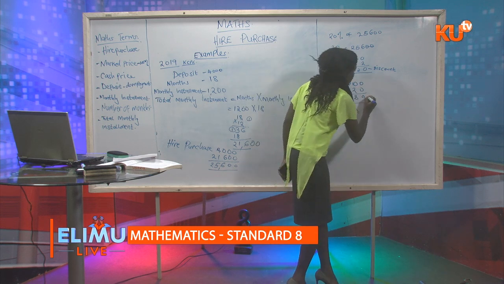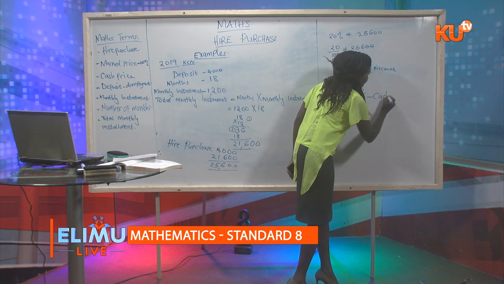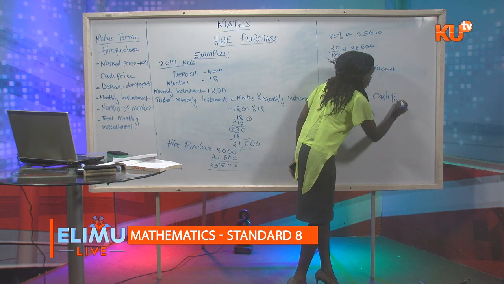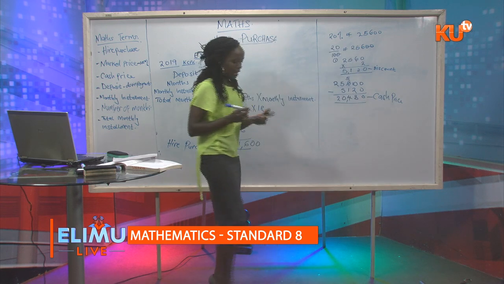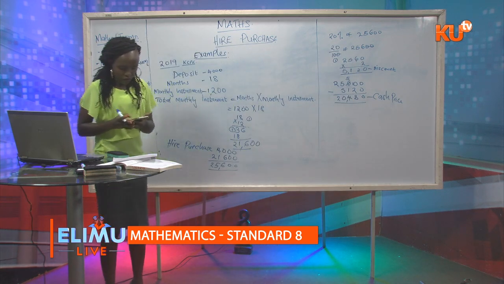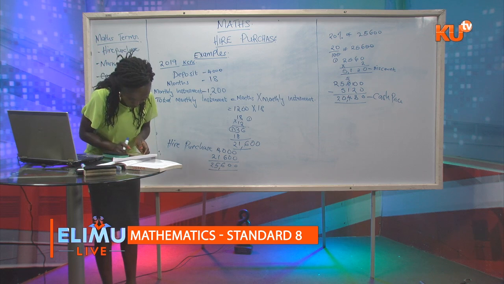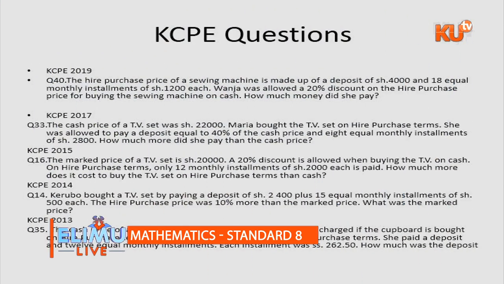This is the amount that she paid on cash after she was given that discount. So we continue with the question. The question is, how much money did she pay? So this is what the question was asking about. So she paid 20,480.